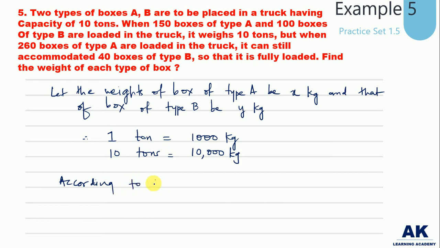According to the first condition, I can say that 150 boxes of type A, that is equal to what? 150 of x, plus 100 boxes of type B are loaded in a truck, that is 100 of what? y of type B is equal to what?